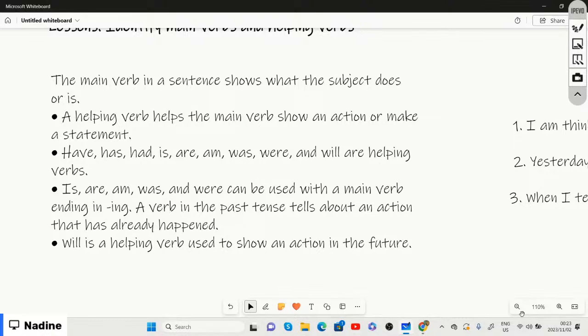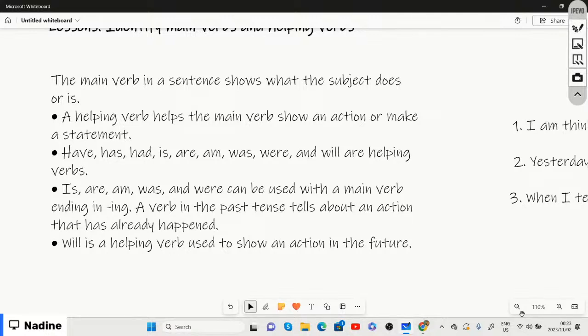So the main verb within a sentence basically shows the action that takes place within a sentence. So your action can be watching, playing, jumping, or running, right? That is our main verb.